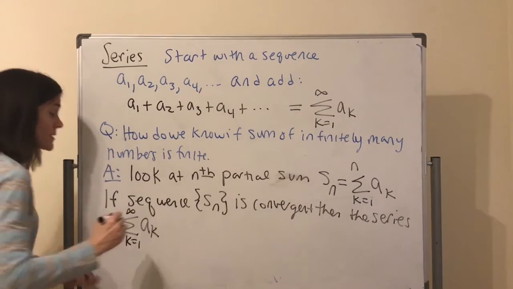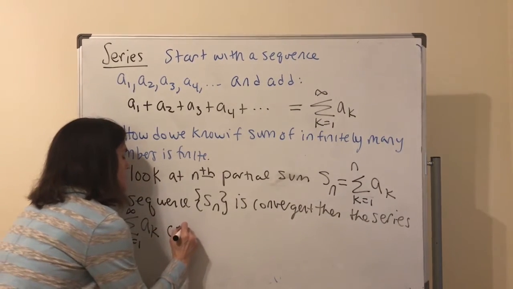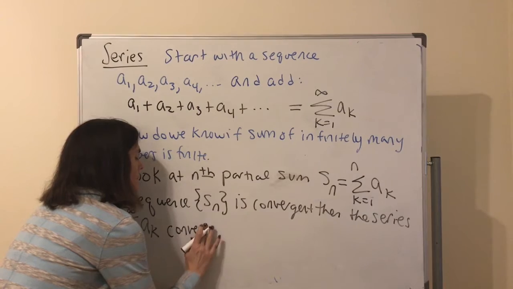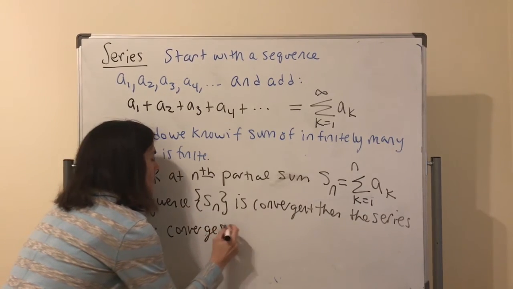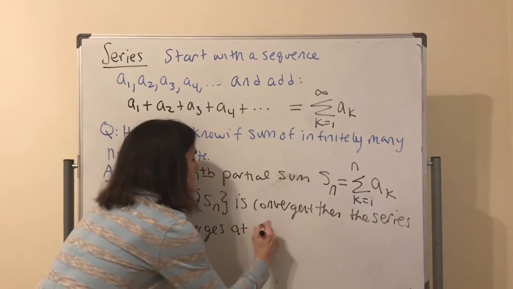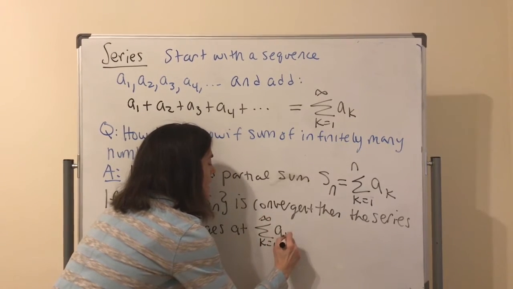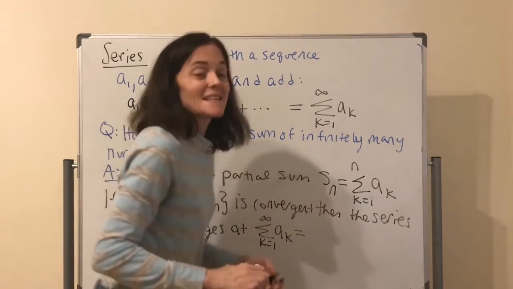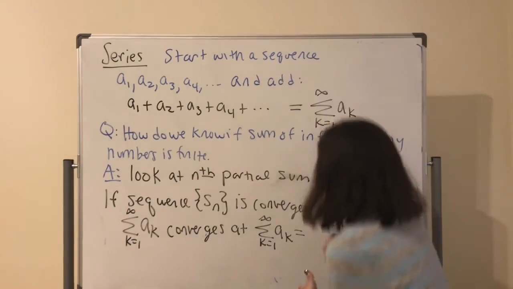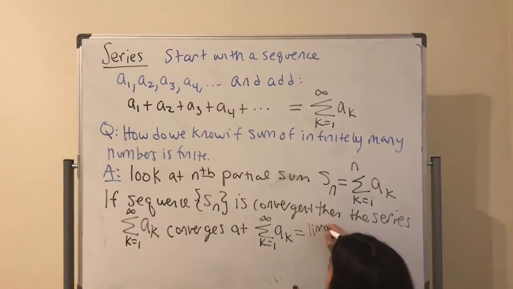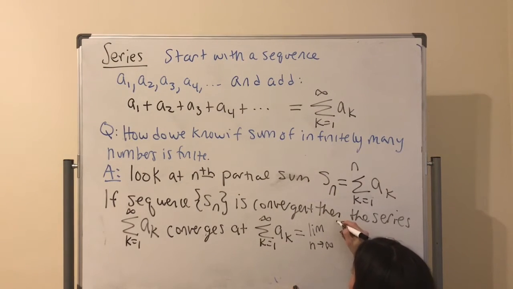Then this series converges and the sum k equals 1 to infinity of ak is the limit of the partial sum. So this is the limit as n goes to infinity of Sn.